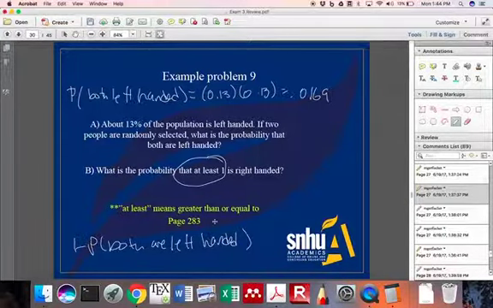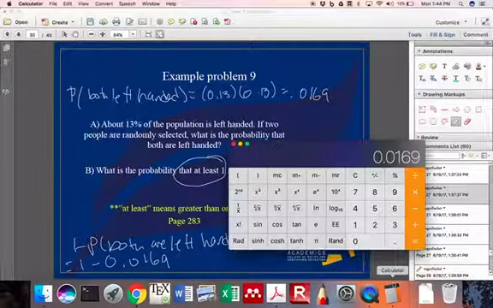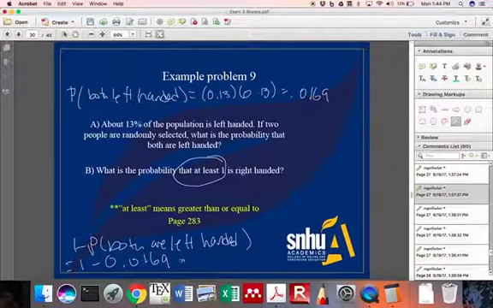And I want you to notice that this is coming up a lot in the problems we're working with: the computation we did in part A is the one we need to get part B. So we have 1 minus the probability that both are left-handed, and that equals 1 minus 0.0169. I'm just going to subtract, and I know that I'm supposed to get a positive number. So it looks pretty likely that at least one of these people is right-handed.